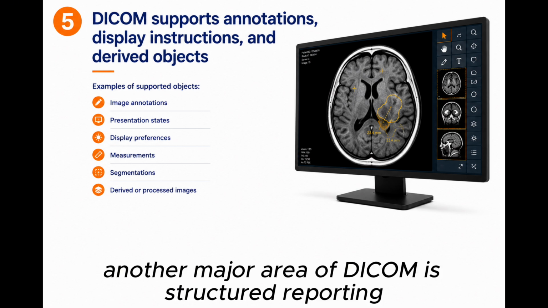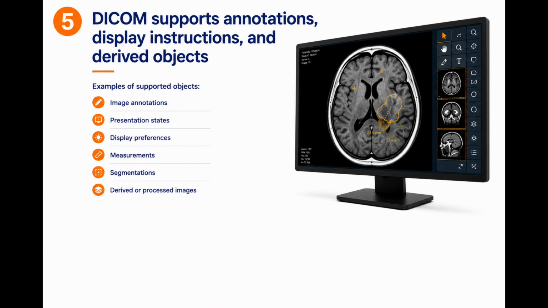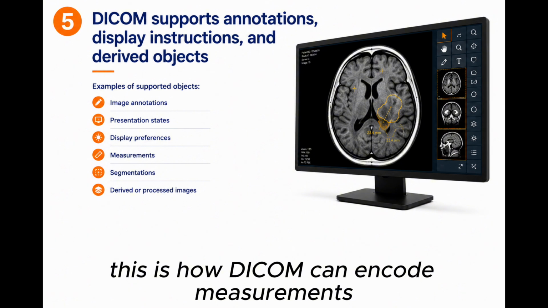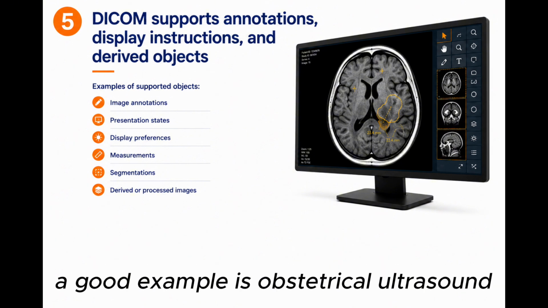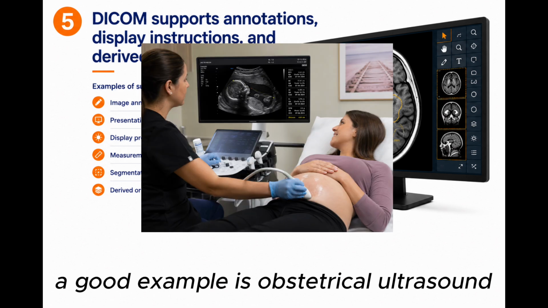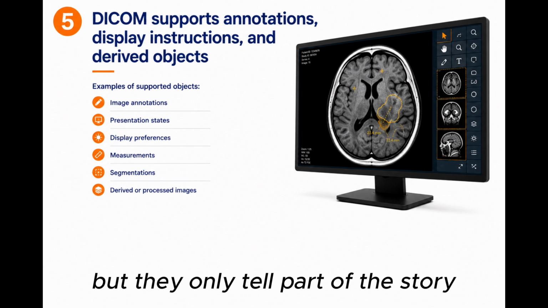Another major area of DICOM is structured reporting, often referred to as DICOM SR. This is how DICOM can encode measurements, observations, and clinical findings in a structured way. A good example is obstetrical ultrasound. The ultrasound images are important, but they only tell part of the story.